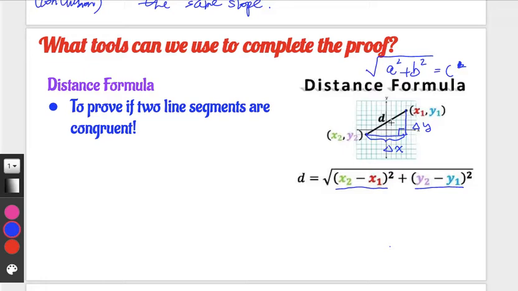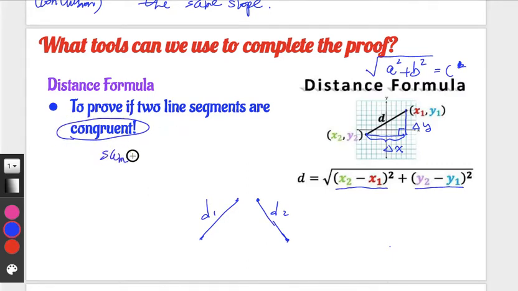The distance formula, as you can see, can find the length of a segment, right? So if I give you two random line segments, and I can find the distance of both, I can compare if they have the same length. Then if they have the same length, that means they are congruent. So that's how we use the distance formula.